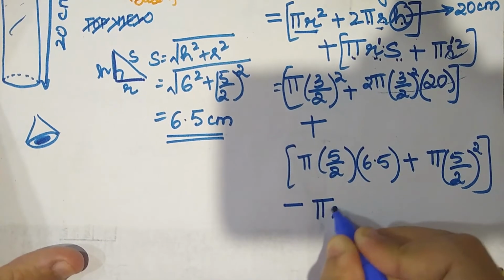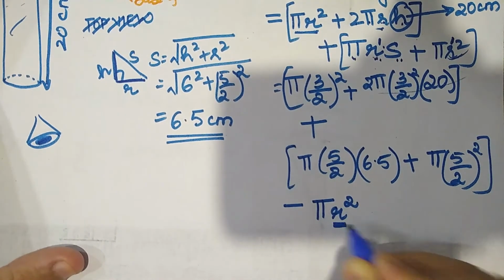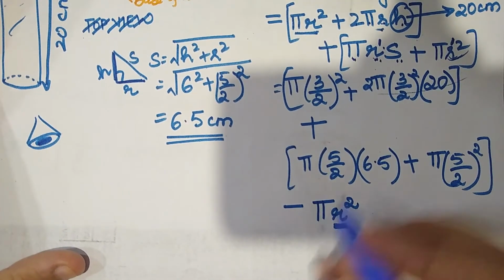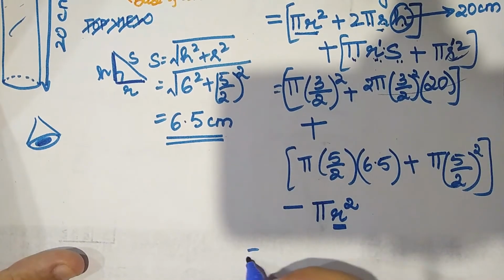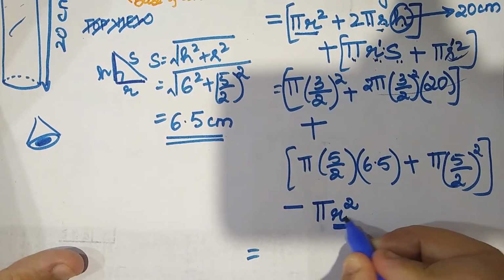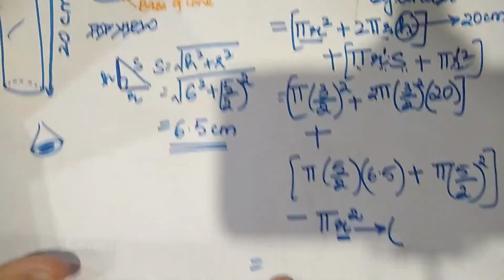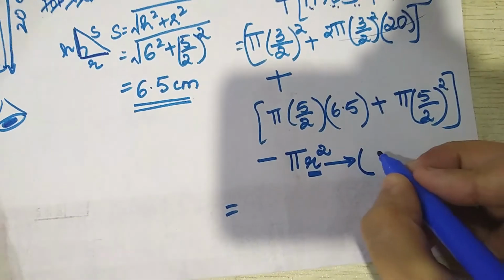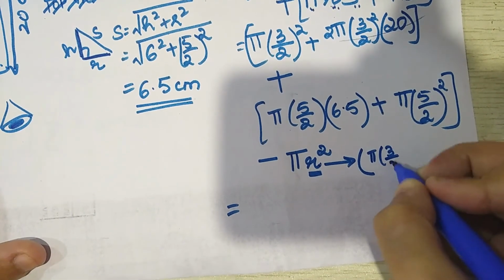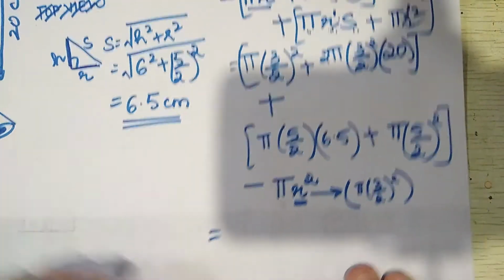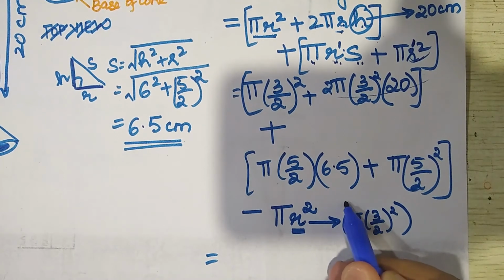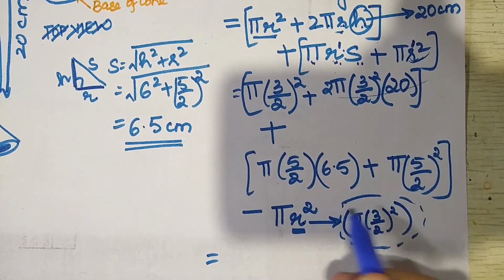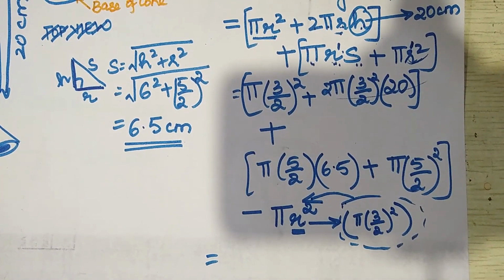In this case, r is for the cylinder. So it will be pi into 3 divided by 2 the whole square. This is what will have to go here, right?